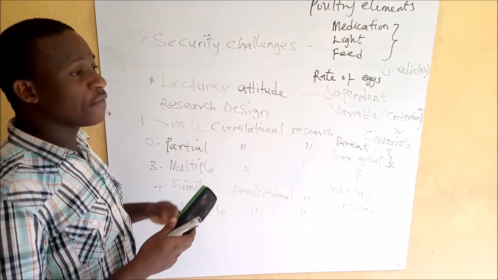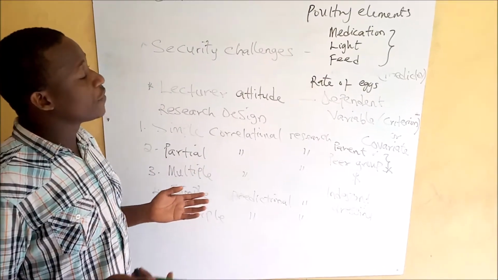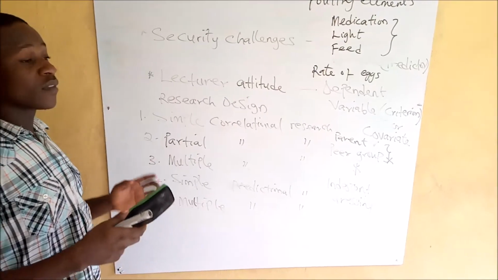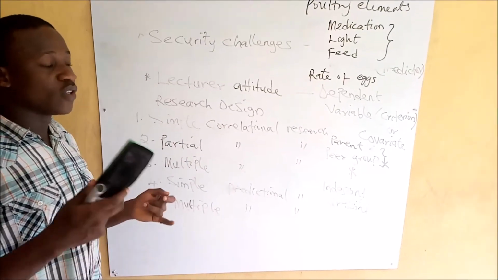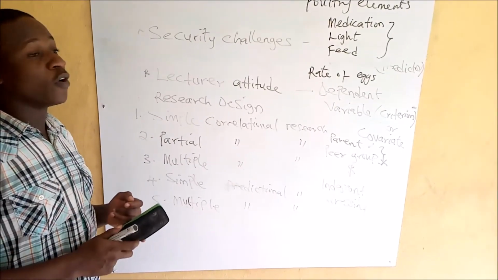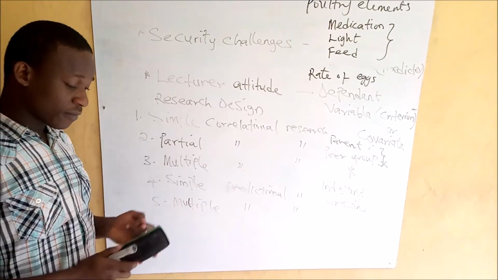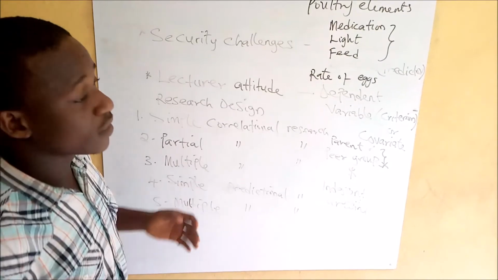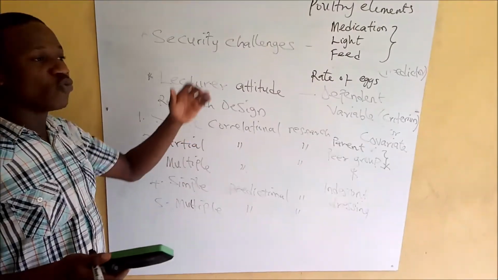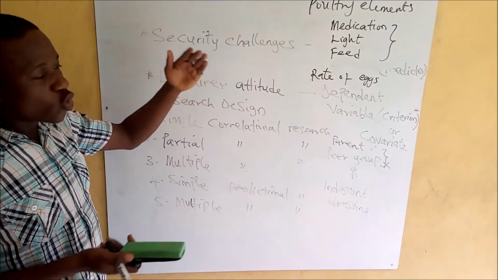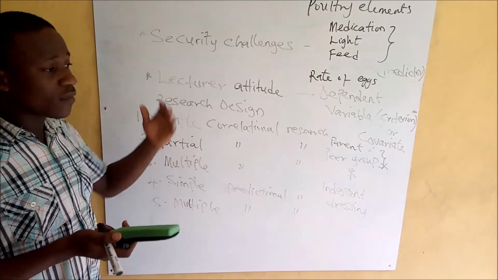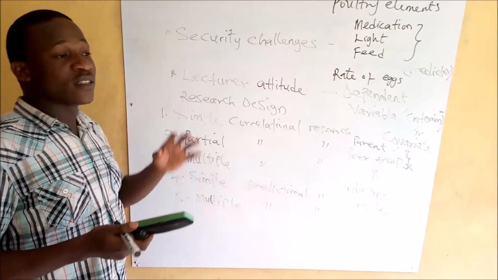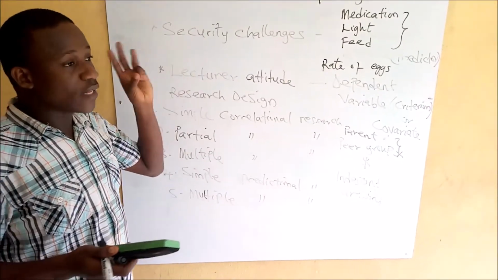Or you can have, maybe in the medical field, you test an individual: a test for malaria, a test for typhoid, maybe a test for skin diseases. Those are three variables, and those are predictors.